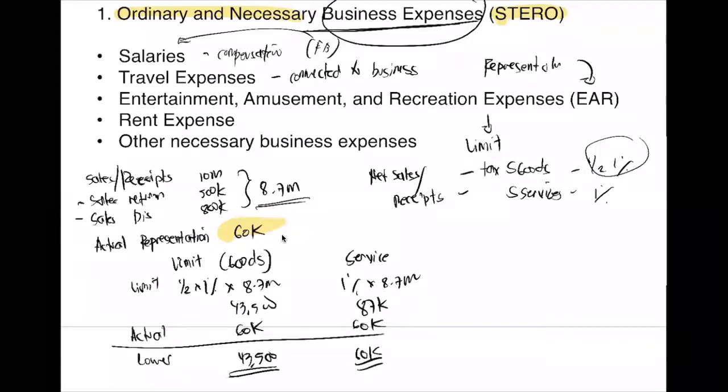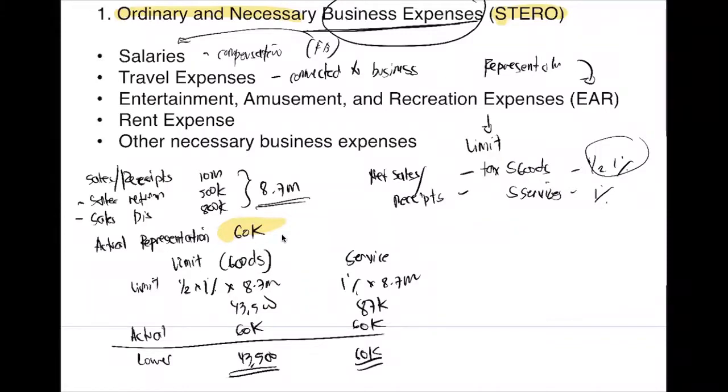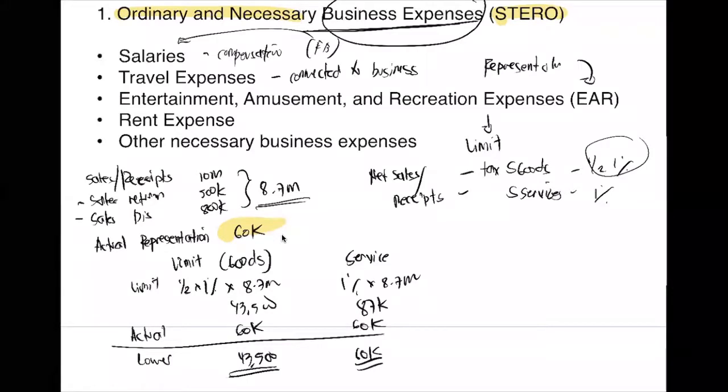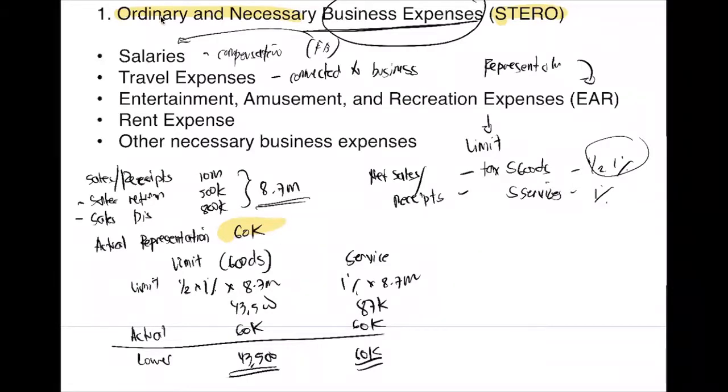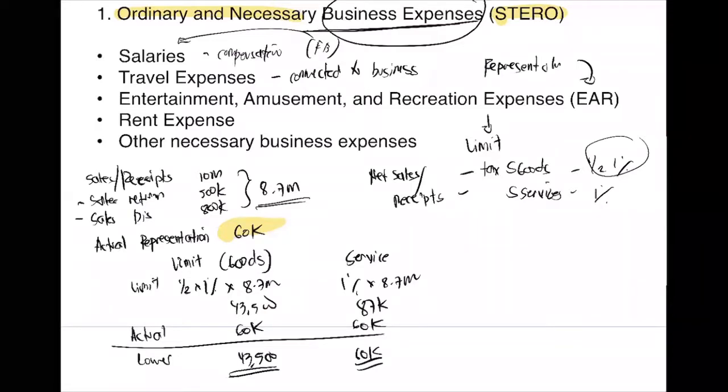Okay, so for EAR, entertainment, amusement, and recreation expense, it is subject to a limit of 1/2 of 1% for taxpayers who are sellers of goods and 1% for taxpayers who are sellers of services. Okay, so always compare just the limit and the actual. Whichever is lower, you get it.